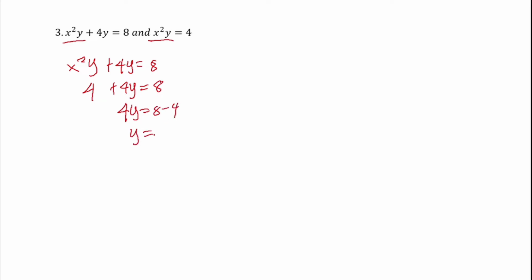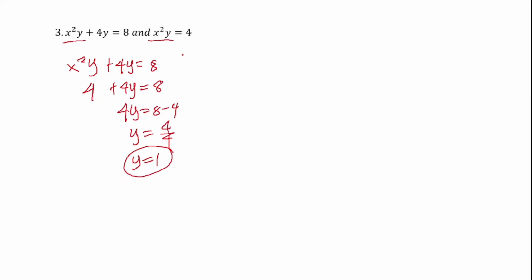Looking at x squared y and x squared y, we can easily find the value for y. Since x squared y is equal to 4, 4 plus 4y is equal to 8. So 4y is equal to 8 minus 4, so y is equal to 4 over 4, y is equal to 1.